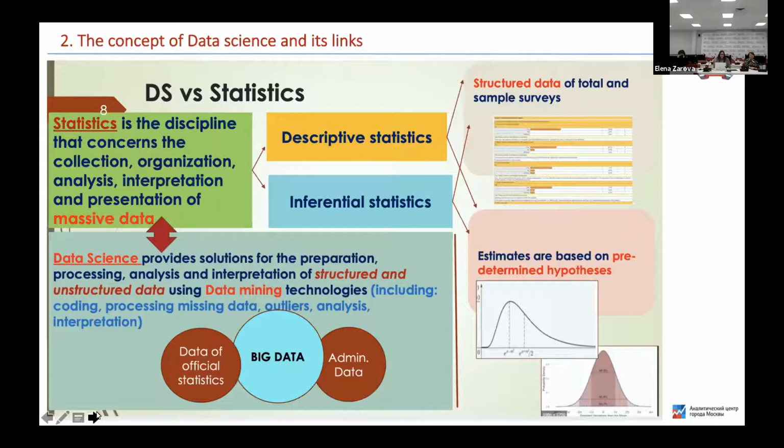Also, you should remember that statistics is the discipline that concerns the collection, organization, analysis, interpretation, and preparation of massive data. And data science provides solutions for the preparation, processing, and interpretation of structured and unstructured data using data mining techniques, including coding, processing missing data, outliers, analysis, interpretation, and so on.